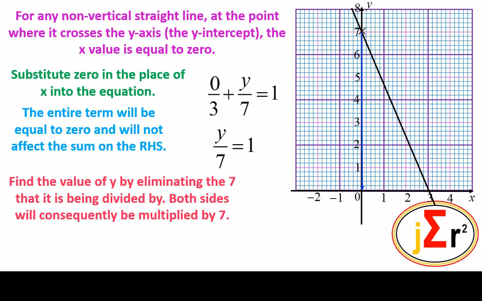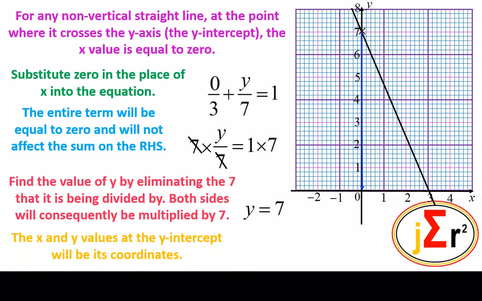No doubt we need to do the same on the right hand side also, to balance the equation so that the right hand side experiences the same change. So our 7 is eliminated from the denominator on the left hand side, and on the right hand side we have 1 times 7 is equal to 7. So the y-intercept is 7.